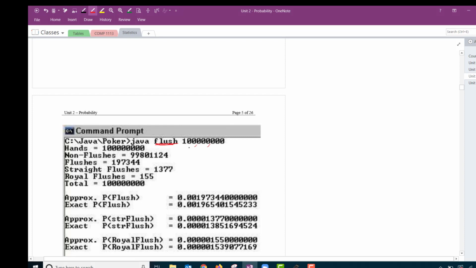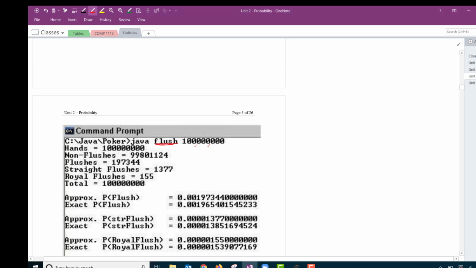So in this case, I ran it with 100 million. I hit enter. It thought about it for maybe a minute, and then it spit out the results. So it didn't take very long even to do 100 million hands checking to see if they were flushes.